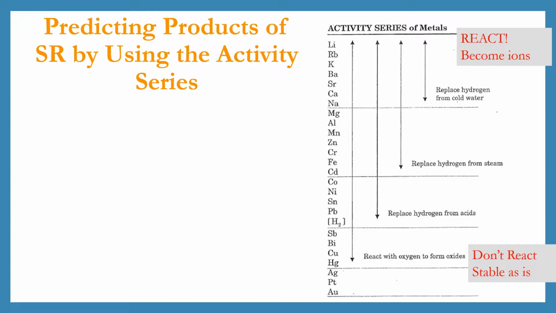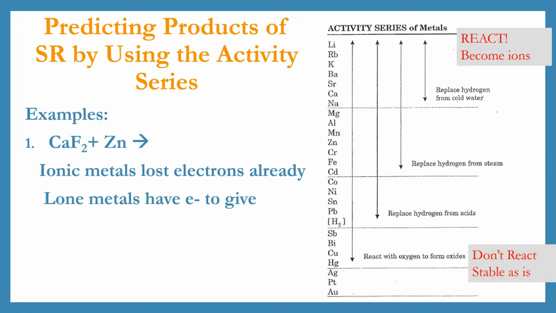That means that if I give you a reaction like calcium fluoride, you'll see here the metal in the compound is calcium. And the question is, would that switch places with zinc? Would zinc kick that calcium out? But since these react up high and they don't react down low, zinc would prefer not to react and just have calcium stay in that.